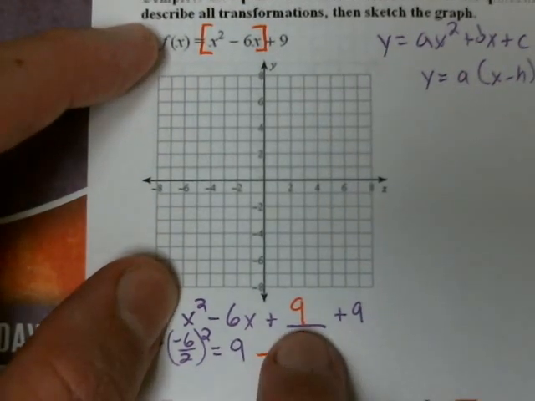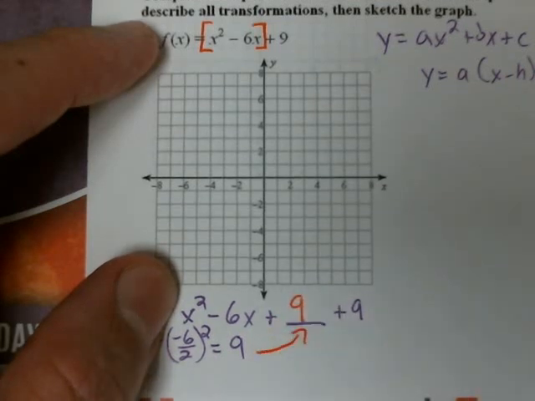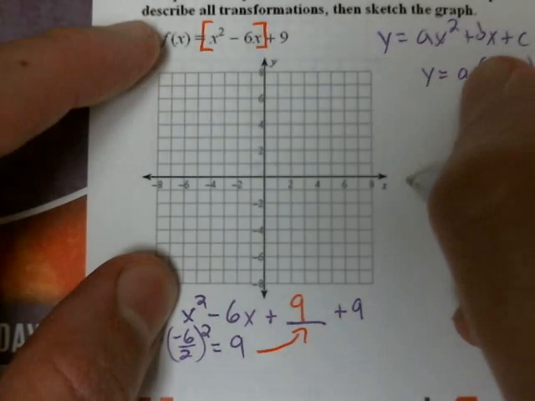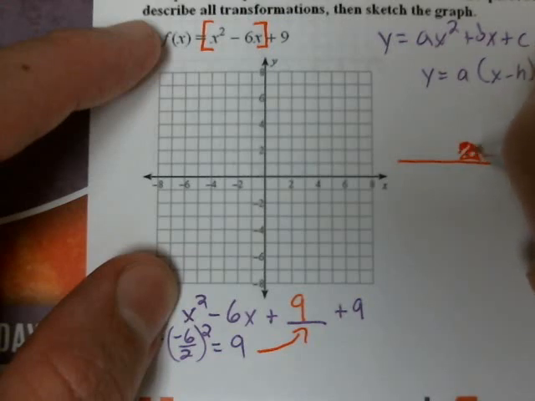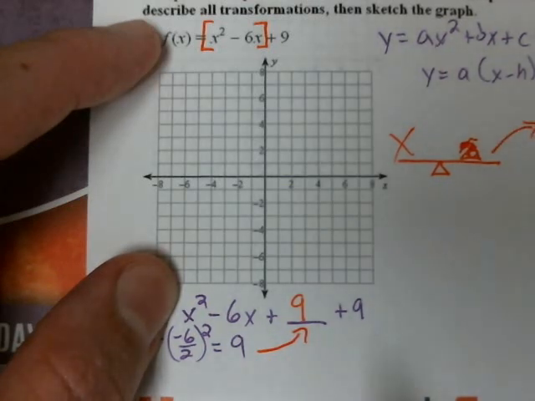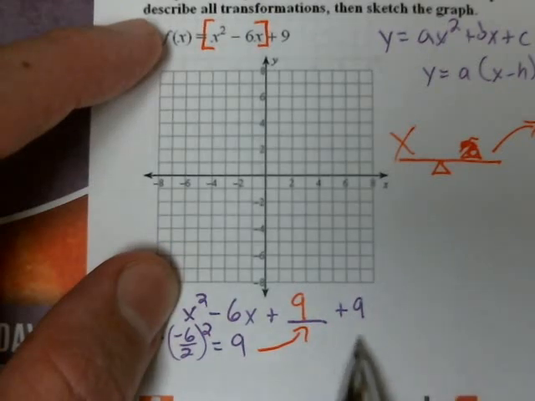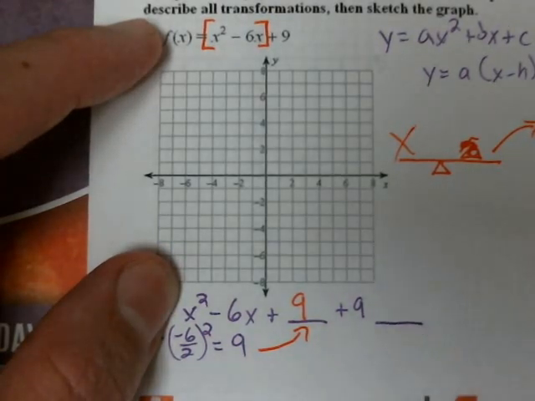So if I put 9 bricks on the right, I need to offset those bricks. I've got a seesaw, perfectly balanced. I just put 9 bricks over here, a big old clump of bricks. If I want to keep the seesaw balanced, but I can't do anything over here on the left, I have to take off those 9 bricks. So what I'm going to have to do is come over here and have another blank.